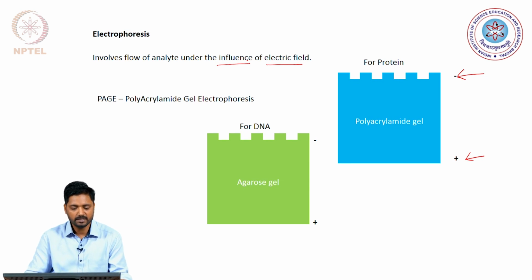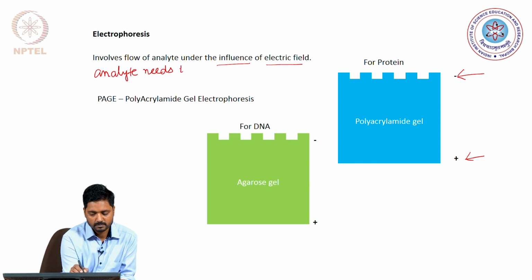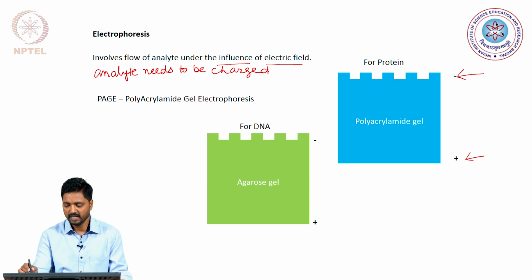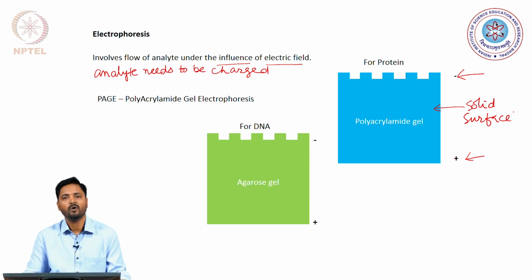Now, the analyte of course has to be charged, and the material that is used as the solid surface has to be electrically conductive or should have a porous architecture through which ions can migrate and the analyte can also move through.